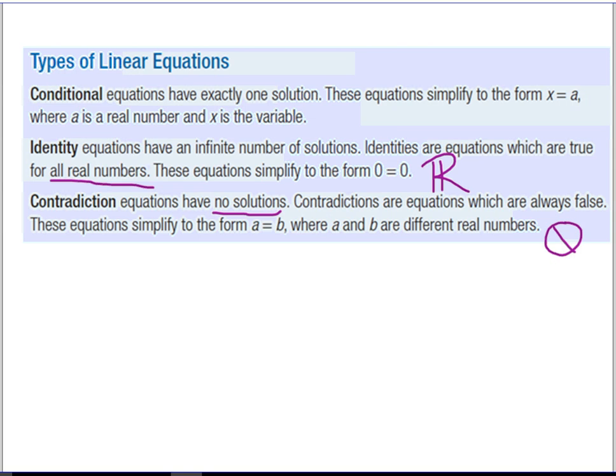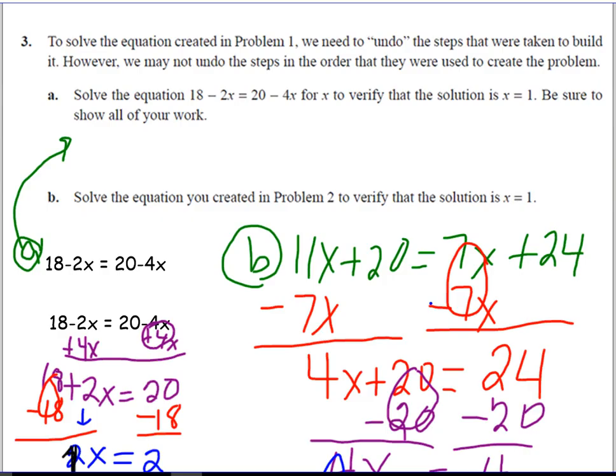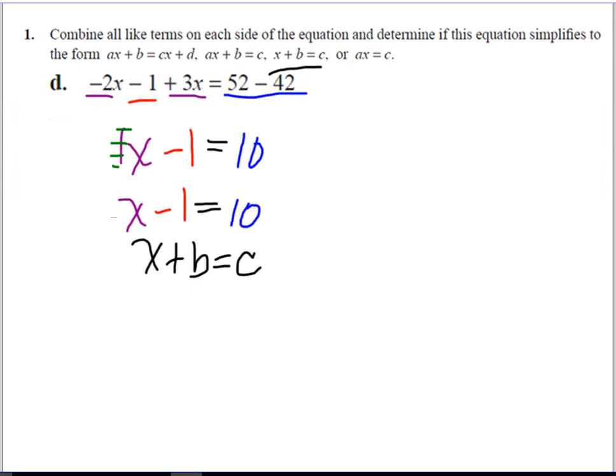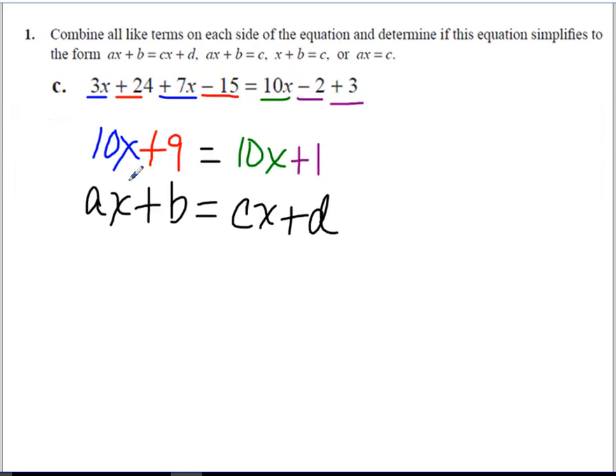I kind of hinted to that earlier in the problems when we were solving this one here, C. Notice we have 10x plus 9 equals 10x plus 1. And if we were to subtract 10x from both sides, we would get 9 equals 1. That can never happen. So this would have been one of those cases where there's no solution.